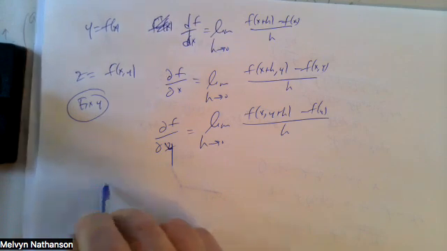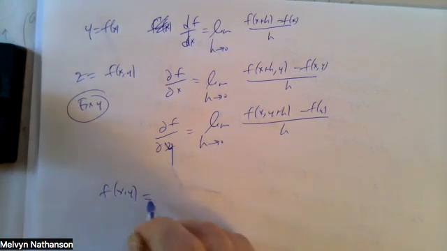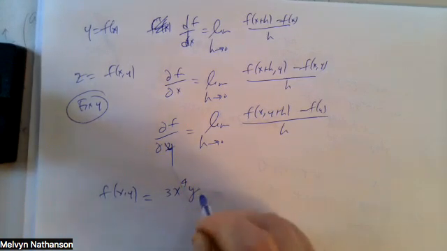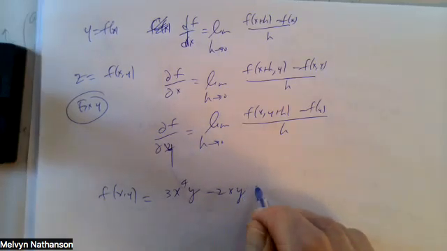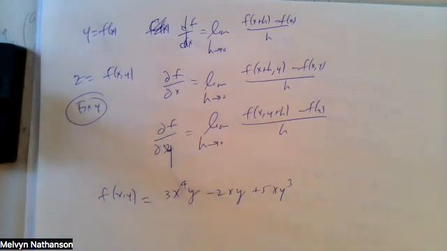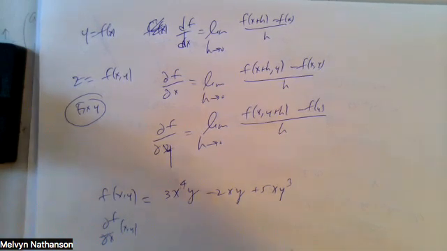So for example, if you have f of x, y is this polynomial 3x to the fourth y minus 2xy plus 5xy cubed. If you want to find the partial of f with respect to x, you think of y as a constant, you fix y, and you differentiate with respect to x.